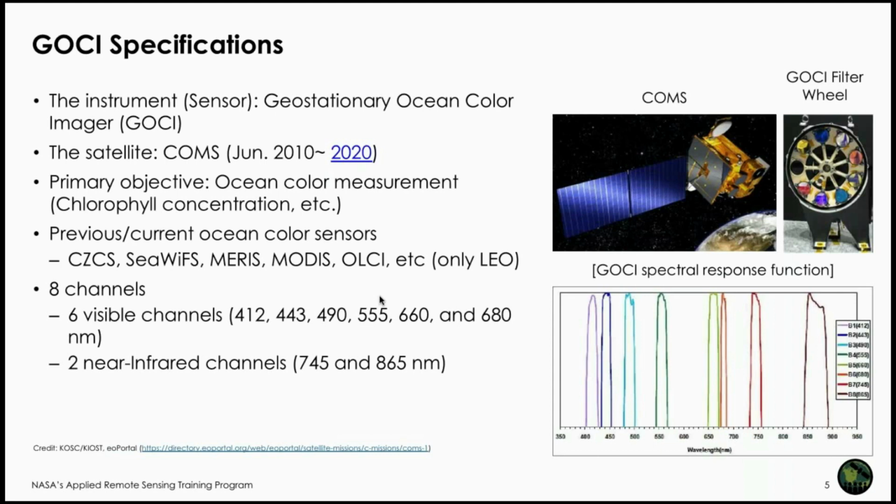The full name of GOCI is the Geostationary Ocean Color Imager. It was launched in 2010 and is still working well, and will end in 2020. Its primary objective is the monitoring of ocean color to understand ocean biology, such as the chlorophyll concentration and dissolved organic materials.